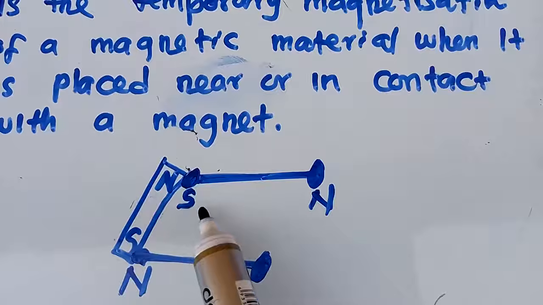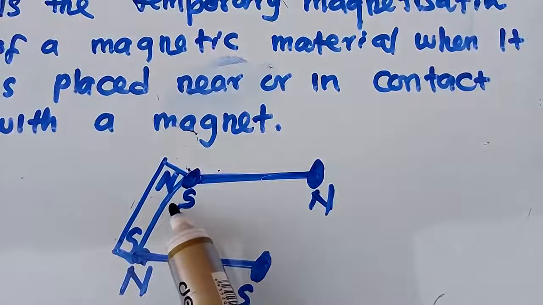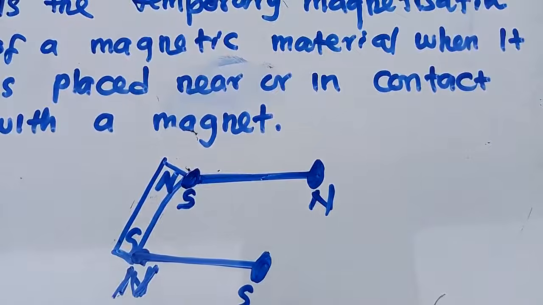So it is not a south pole, but it is the induced south pole. Even the end nearer to the south pole becomes the induced north pole.